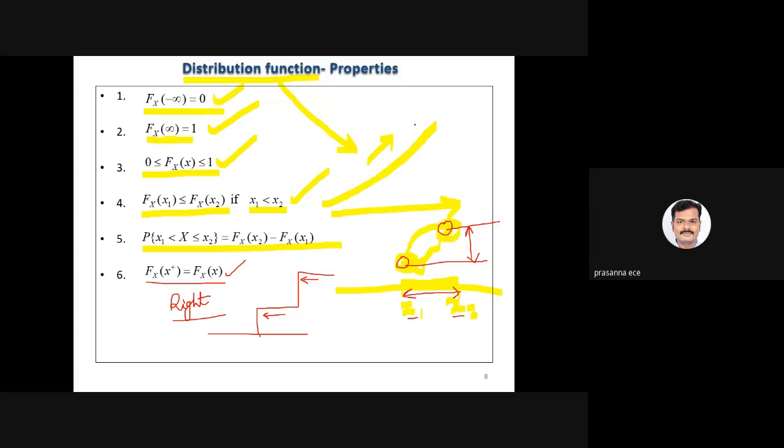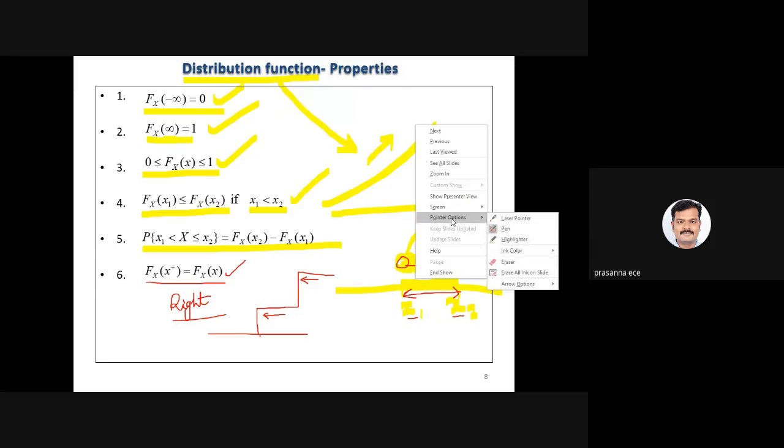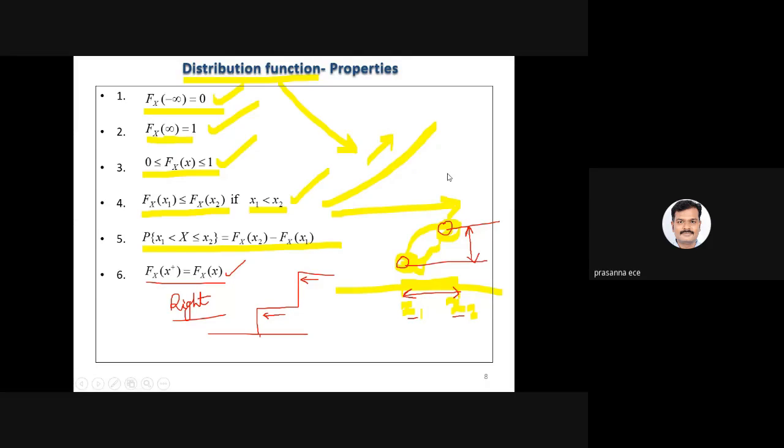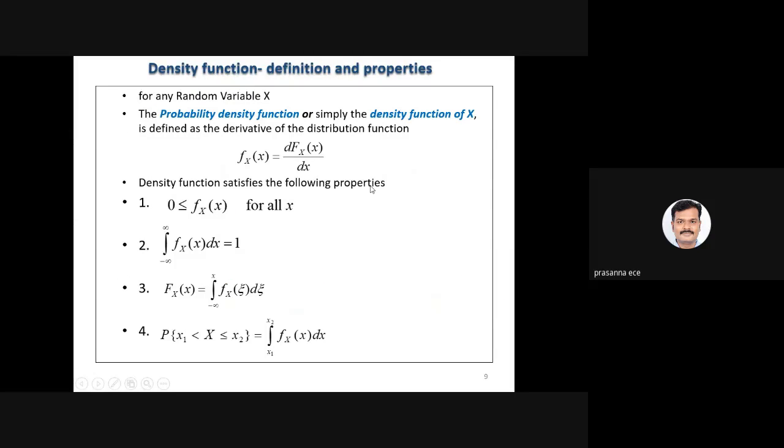Now moving on to the density functions. These are the types of distribution functions we will be seeing in both the discrete case as well as in the continuous random variable case. Now we define what is known as the density function. A density function is defined using the distribution function as its derivative.